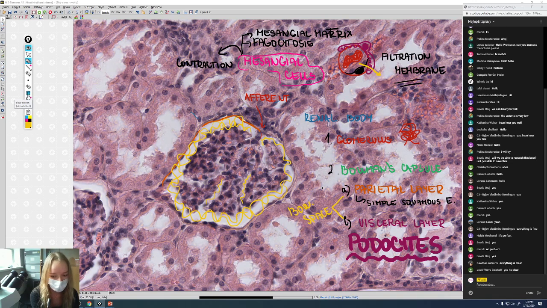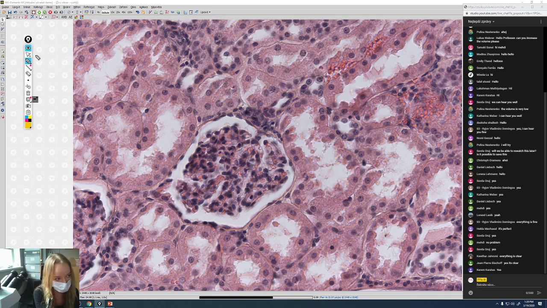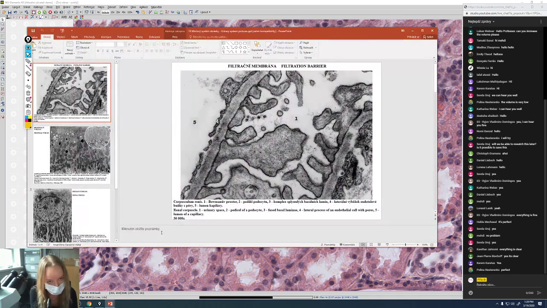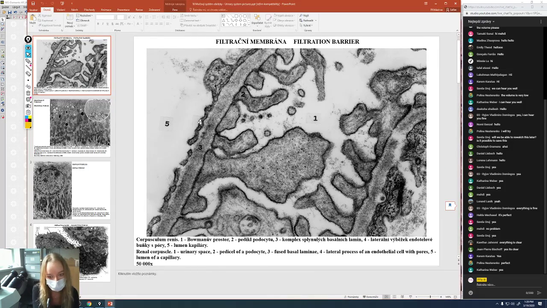Okay, so I'm going to show you right now how this looks on electron microscopy. This is, of course, the capillary.